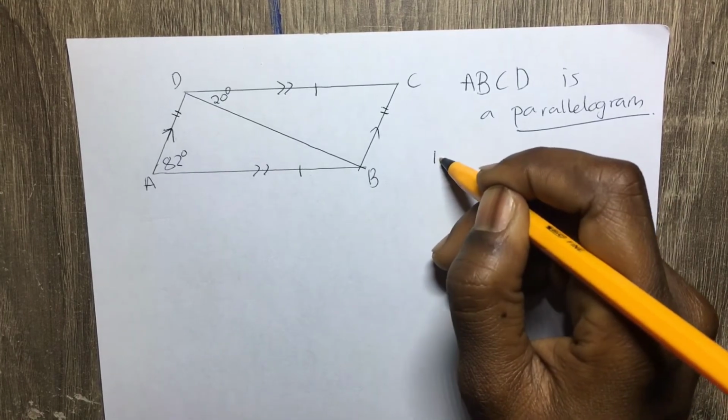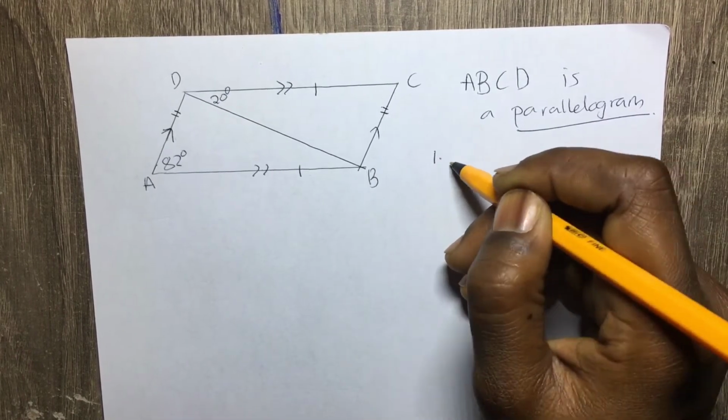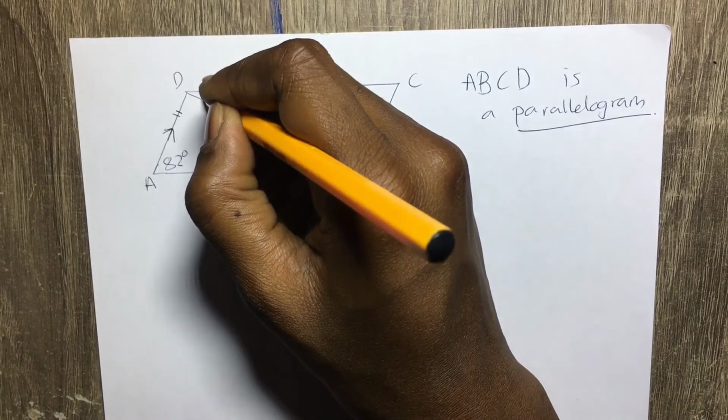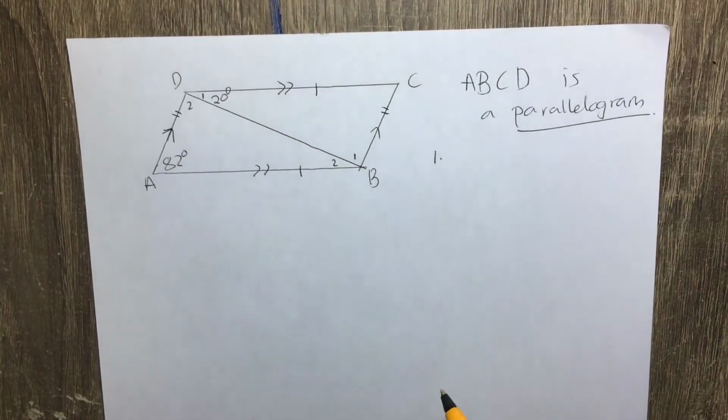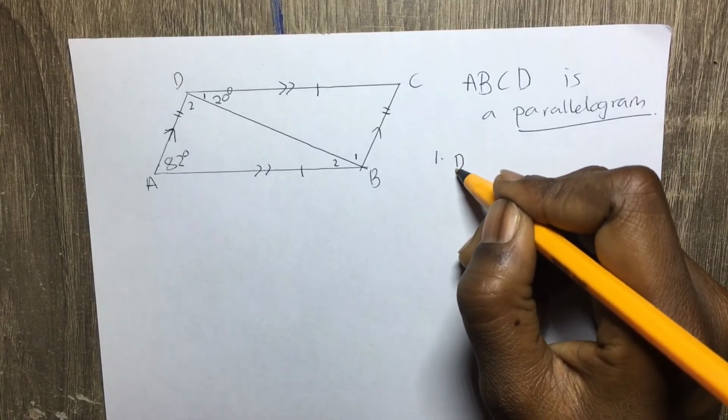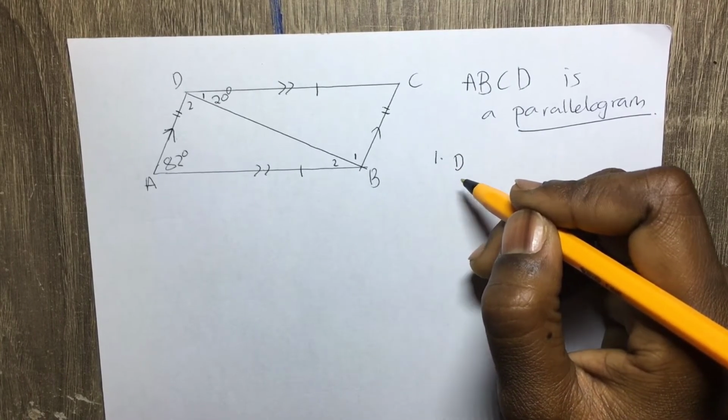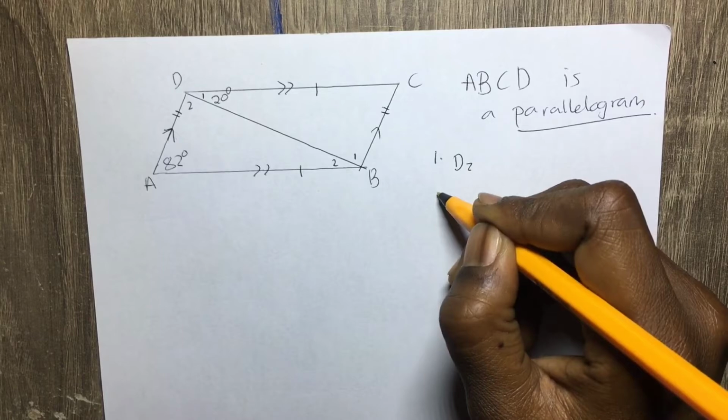So let us write down the questions. The first one they want, so let's say this is D1, this is D2. Let's say this is B1, this is B2. So firstly, they're going to ask you to calculate B2.